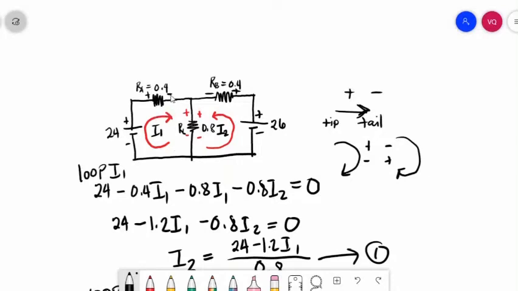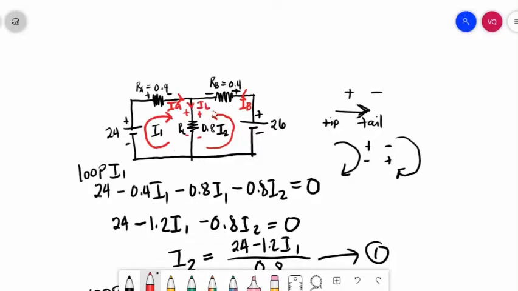So, this will be the direction of your IA. This is the direction of IA, the direction of branch current IB, and the direction of IL.